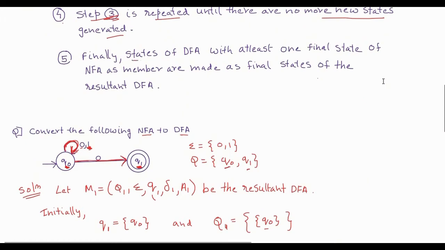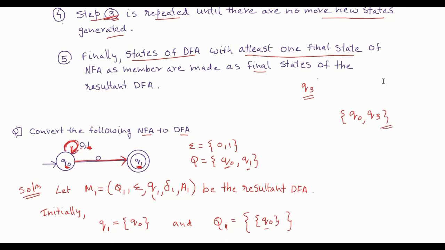Finally, the final states of the DFA. The states of the DFA with at least one final state of the NFA as a member are made final states of the DFA. For example, in the given NFA, suppose Q3 was one of the final states, and one of the states generated of the DFA is Q naught Q3.